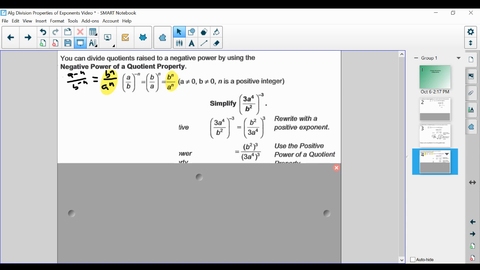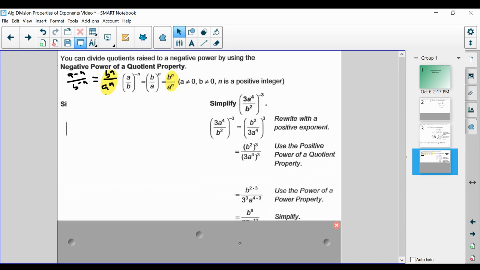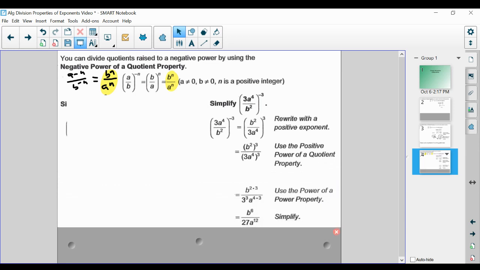Therefore, we get b squared getting raised to the third power and 3a to the fourth getting raised to the third power. And from here, we can simplify all the way down until we get b to the sixth divided by 27a to the 12th. And this is more of these properties of exponents.